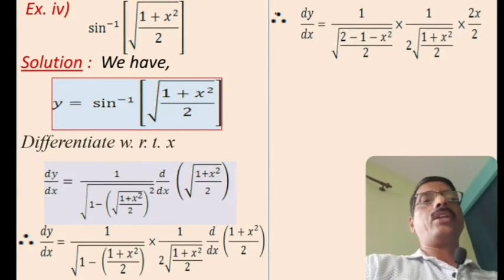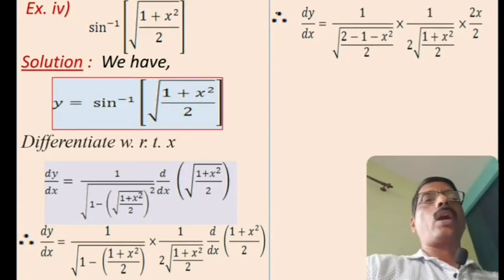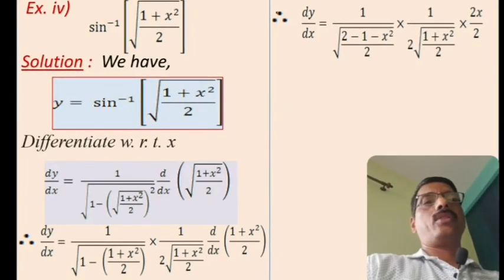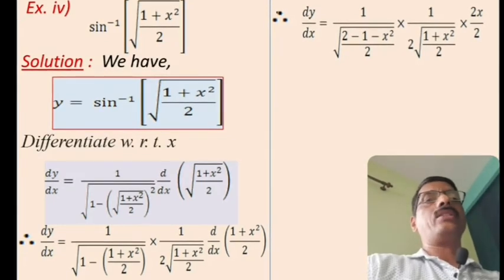Okay, 1 has the derivative 0, but x square upon 2 has the derivative 2x upon 2. Okay, now only simplifying this, 2 minus 1 is 1.